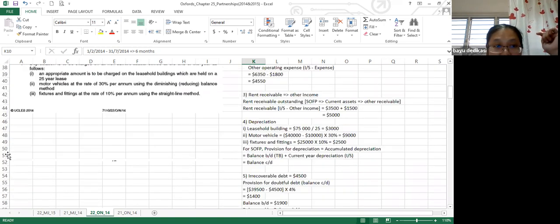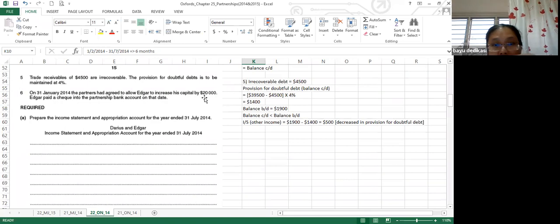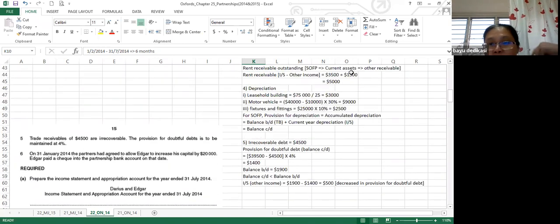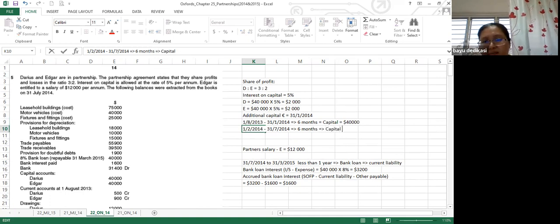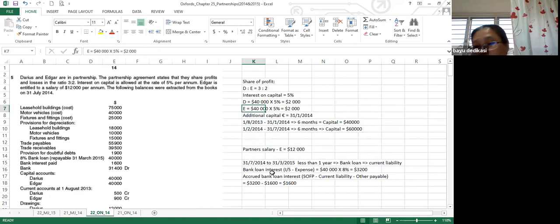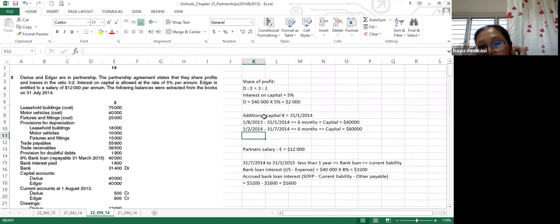And by 20,000, that means the capital increase. So the capital from this period to this period is equal to 40,000. But this one, capital is 60,000. So the calculation for this one, we cannot use in here. We have to use these two information.